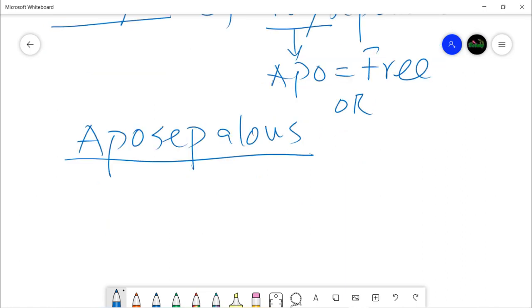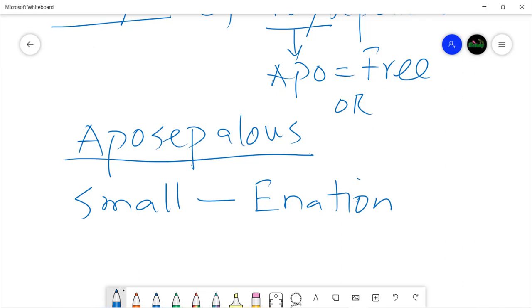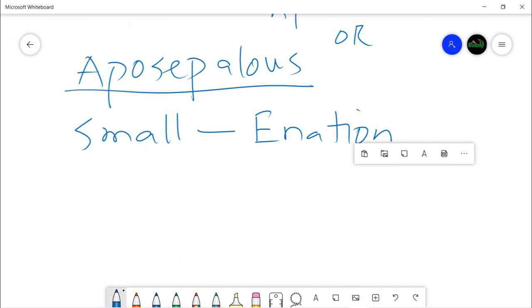Next, they are small. Their size is small, and sometimes they are so small that we use a very special term for them, what is known as ligule or ination. Now, ination is a term for a small leaf-like outgrowth which looks like a leaf, but it is not a leaf.